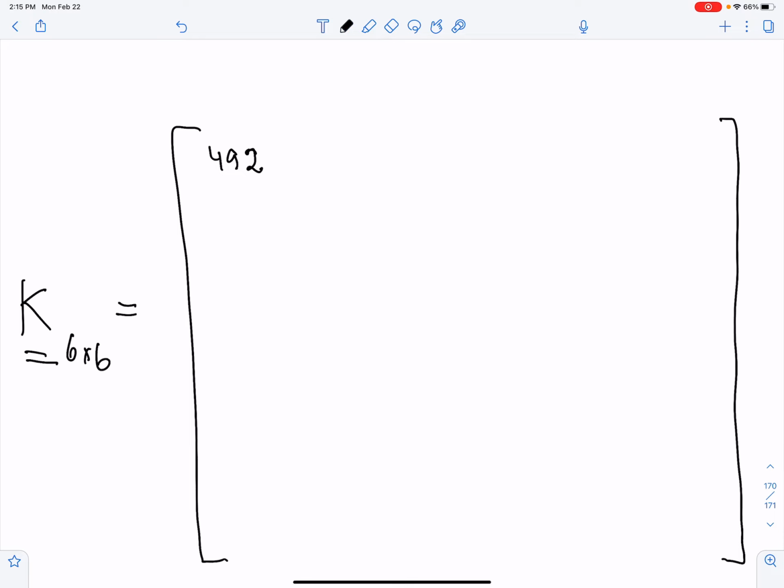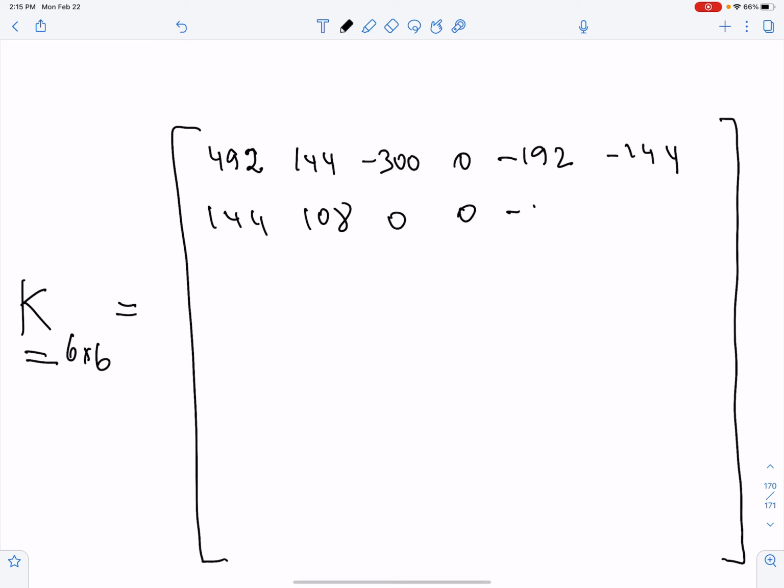This is 144, minus 300, 0, minus 192, minus 144. It's the top row. 144, 108, 0, 0, minus 144, minus 108.